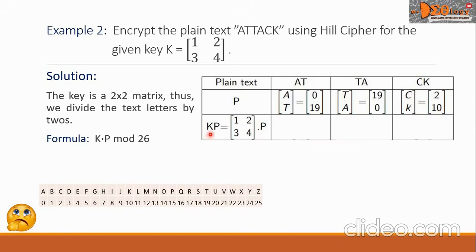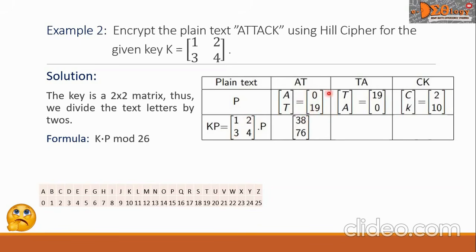Then let us do the KP. We multiply the key by the P. The 2 by 2 matrix 1, 2, 3, 4 will be multiplied by the P of these 3 groups respectively. Let's begin with AT, which means this 1, 2, 3, 4 matrix multiplied by the 0 and 19 matrix. So we will have 1 times 0 plus 2 times 19. We get 38.